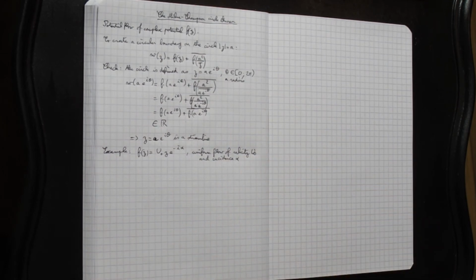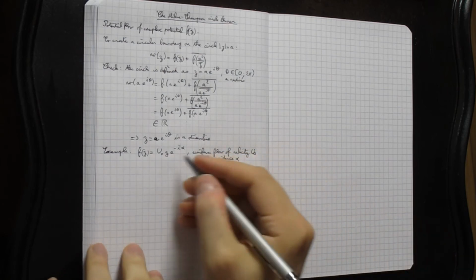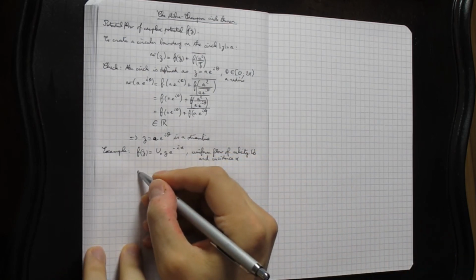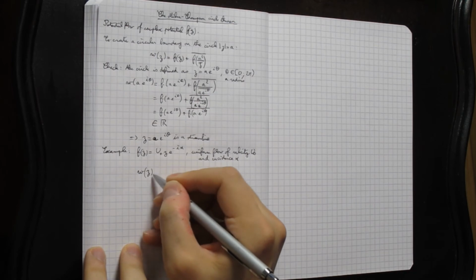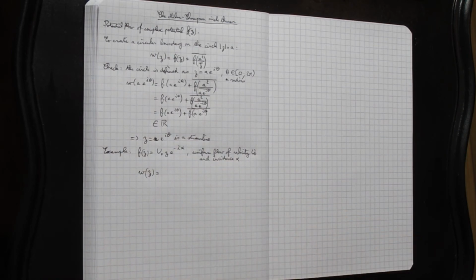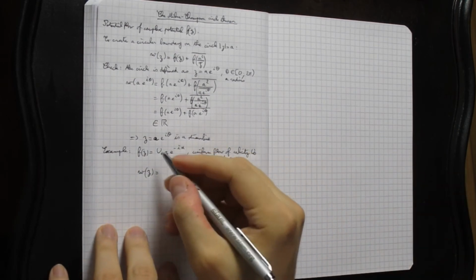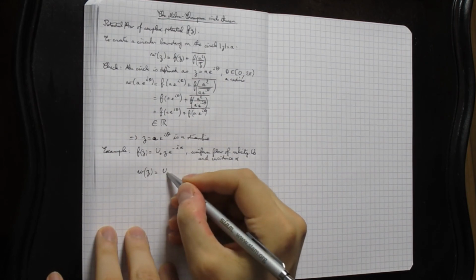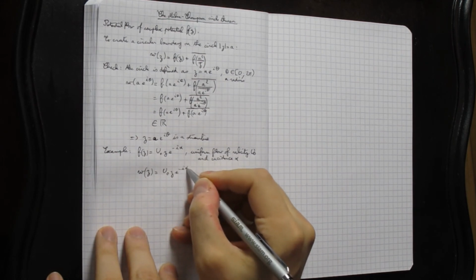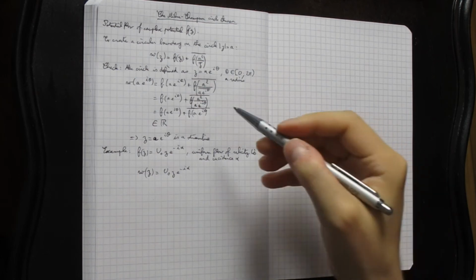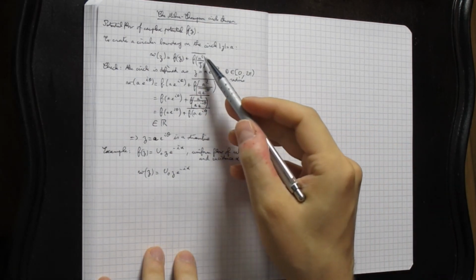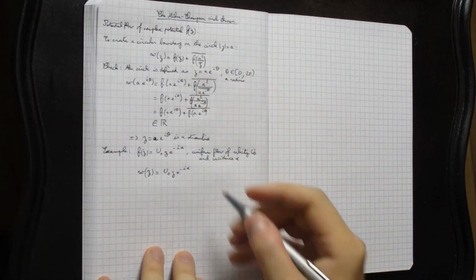Okay, so if I write this down, then I can just write down W of z. And remember how we do this. We write down, first of all, f of z, so that's u0 z e to the minus i alpha. And then I'm going to add this f of a squared over z bar, the whole thing overbarred.